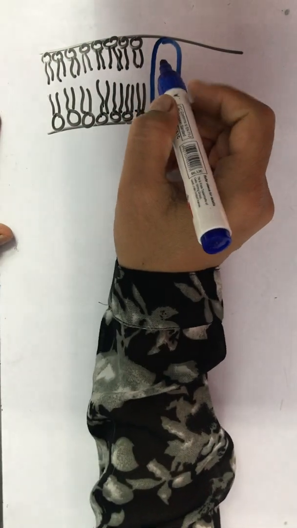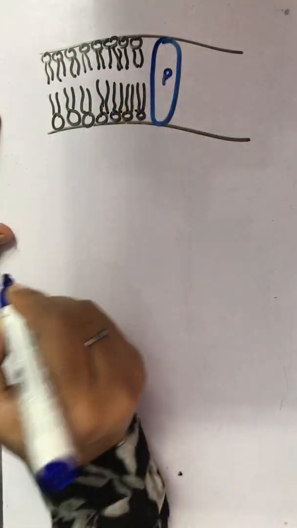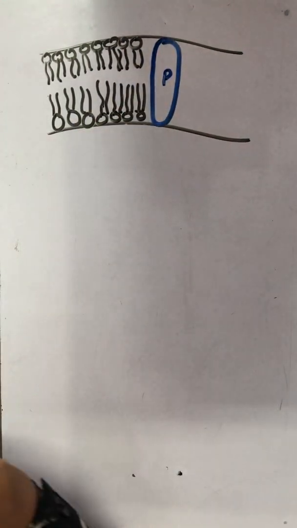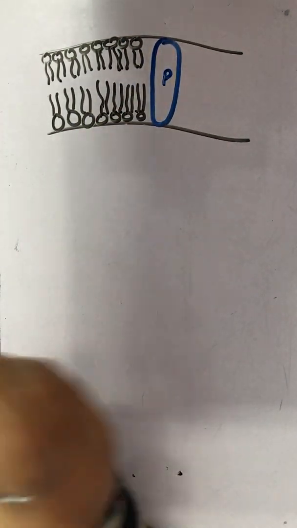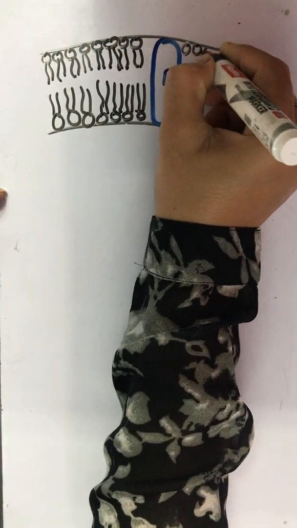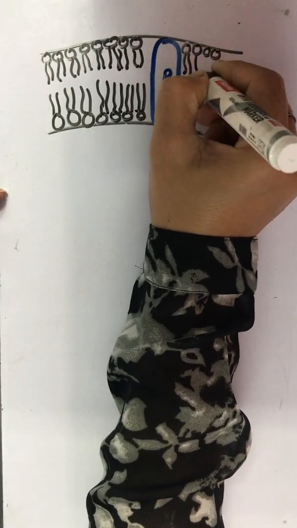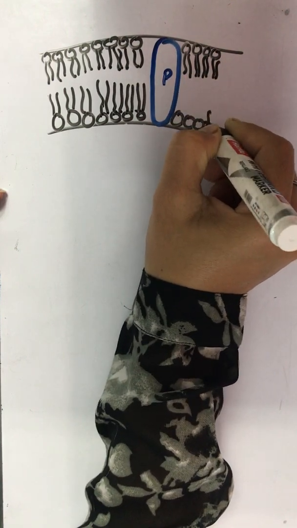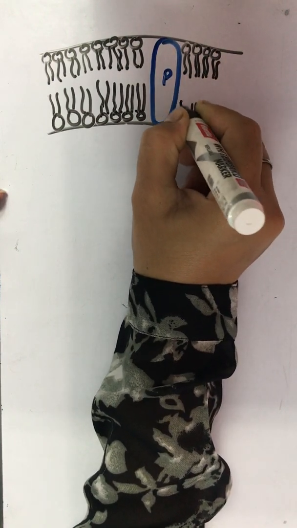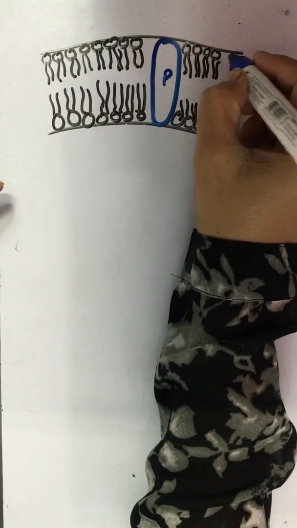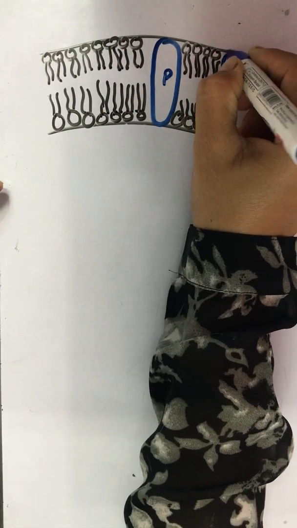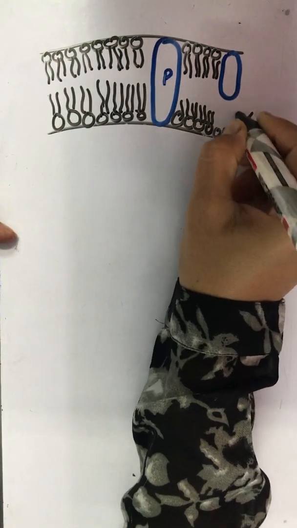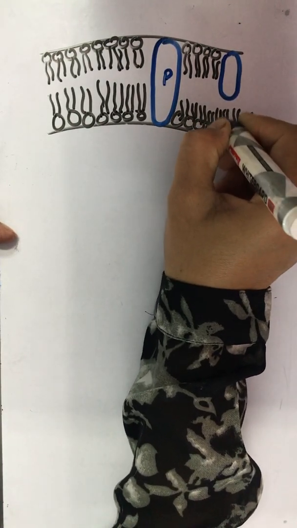This is a protein molecule. This is the integral protein. That is why it is in between the lipid membrane. Again, this is covered up by the lipid bilayer, one more protein, and a lipid bilayer.